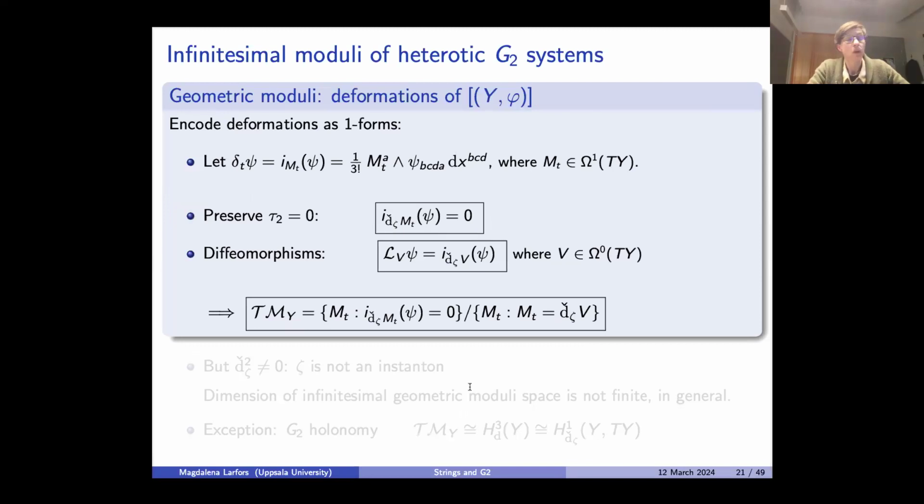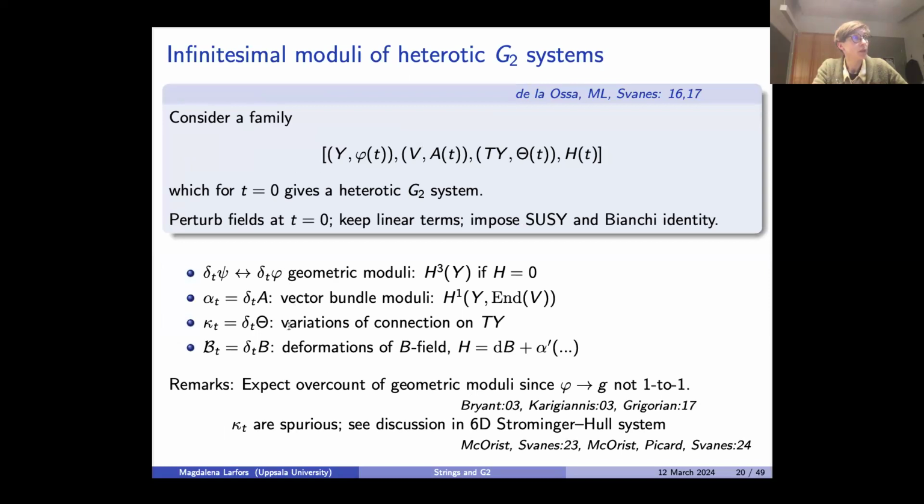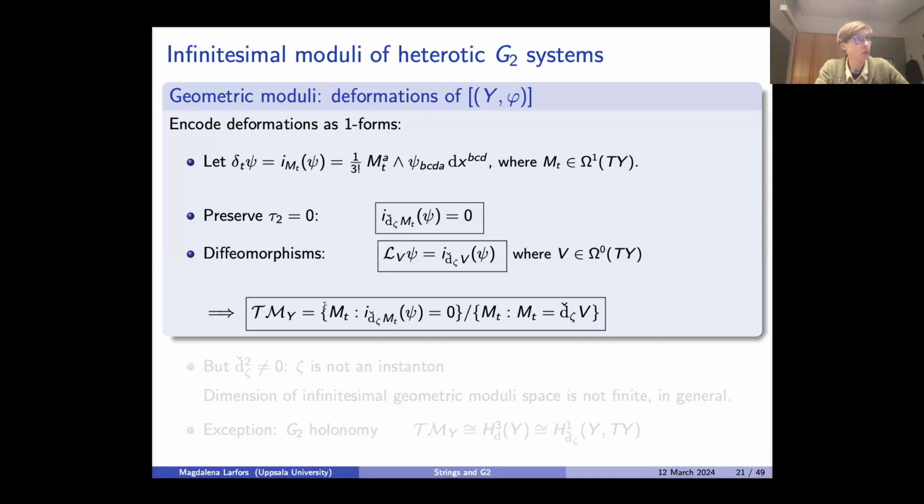Okay. So what we did then was to look at these different deformations and see how we would describe them, and if we can count the deformations, or the infinitesimal moduli that correspond to these deformations, in some sensible way. So we started by looking at the geometry. So we have deformations of the G2 structure, so of this 3-form, or of the 4-form.